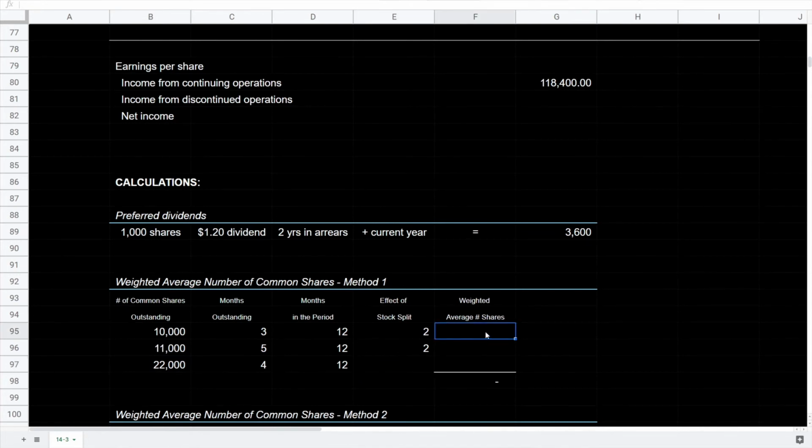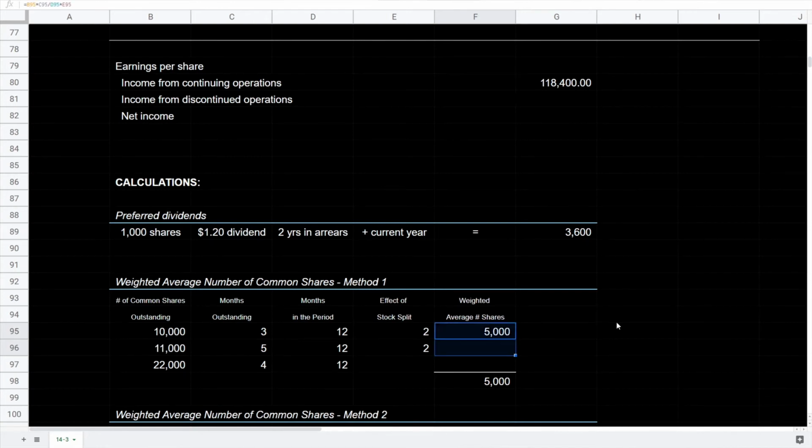Let's work on the weighted average number of shares column. We can take 10,000 shares for the 3 months outstanding out of 12 months and then multiply it by the stock split factor of 2. That gives us 5,000 shares on average for that period of time over the course of the year.